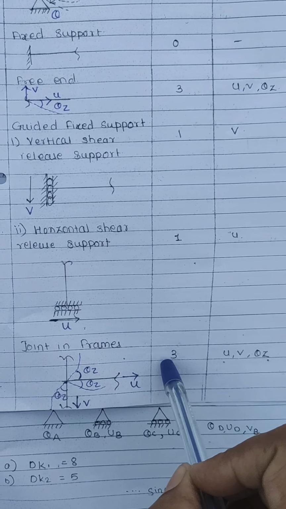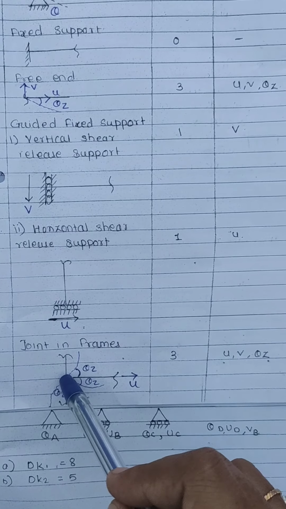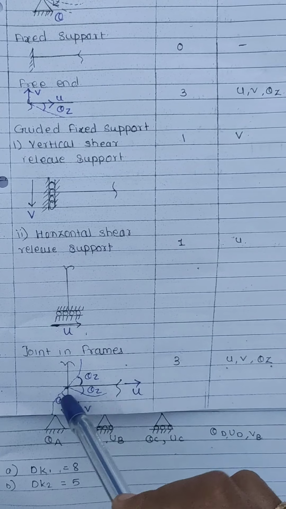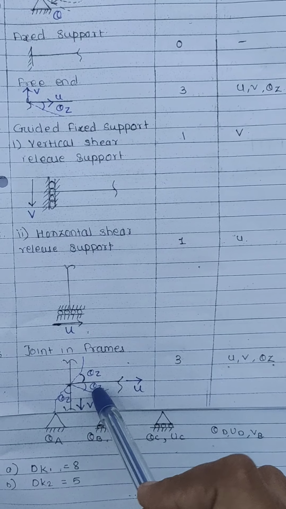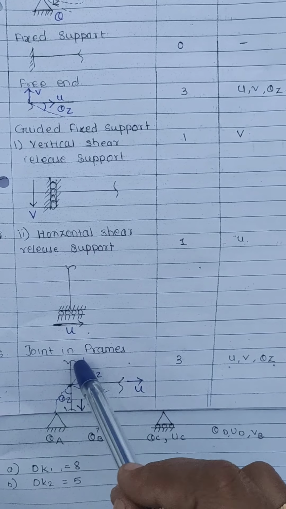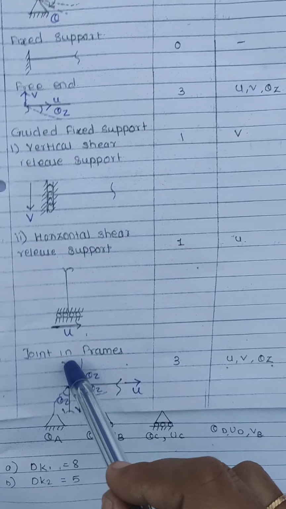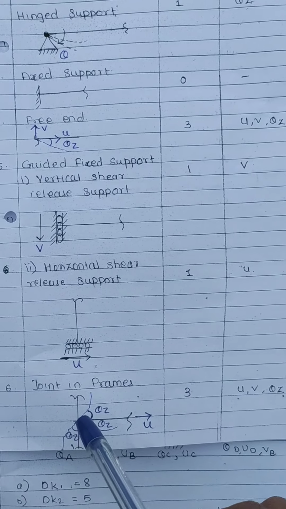These are three displacement for this particular joint. This theta is same for these three members, means theta z and theta z. Here angular displacement is same for each member.